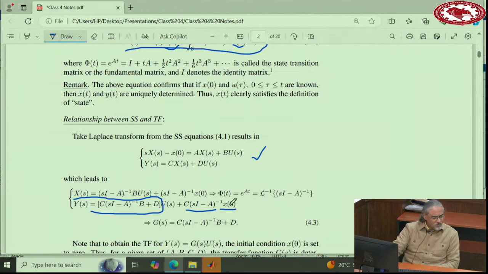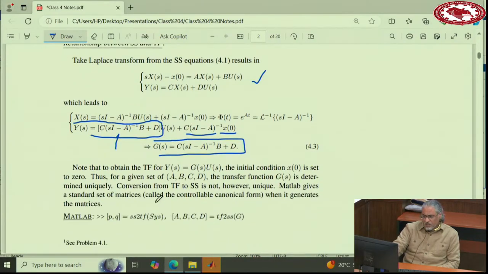In the transfer function approach, we do not care about initial conditions. What we care about is only the relationship between input and output. So this is the transfer function. In other words, if you have A, B, C, and D, then you can calculate the transfer function. That is the relationship between state space and transfer function.